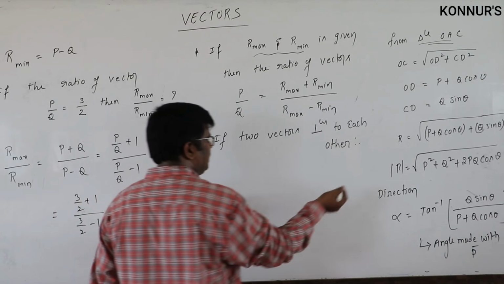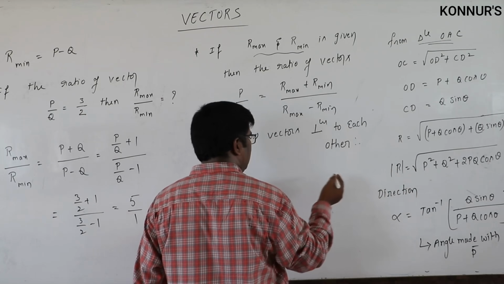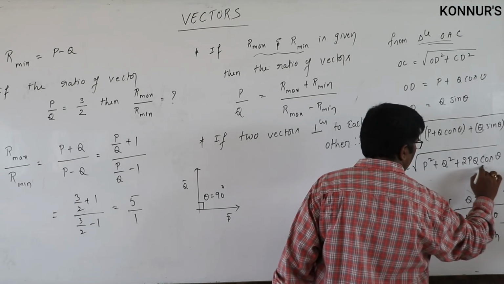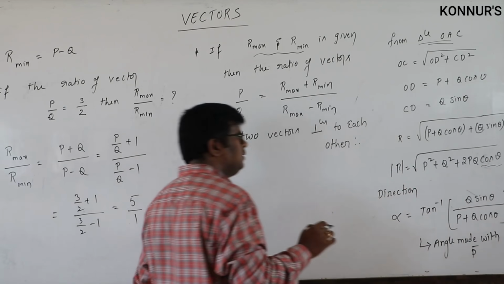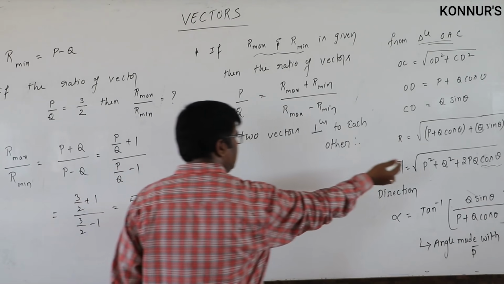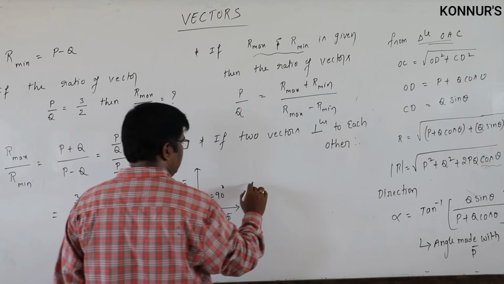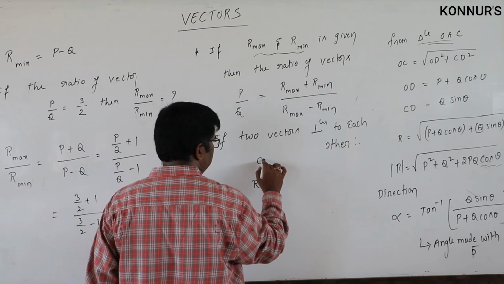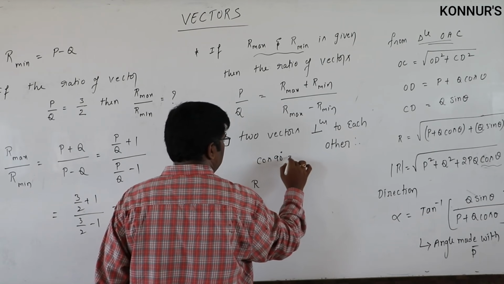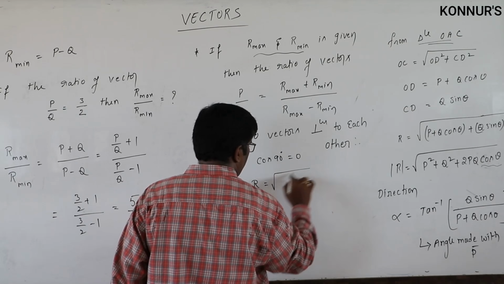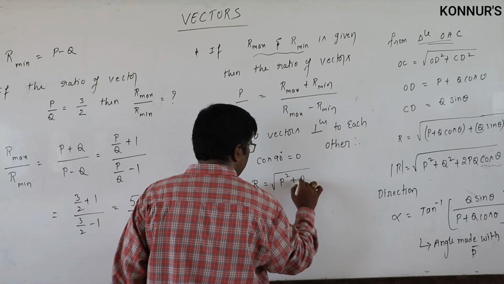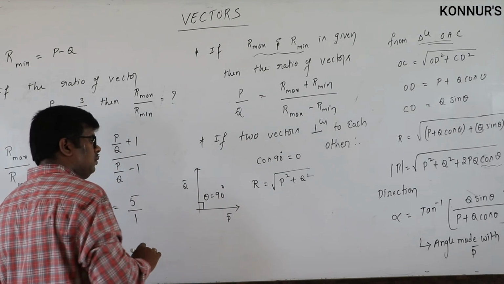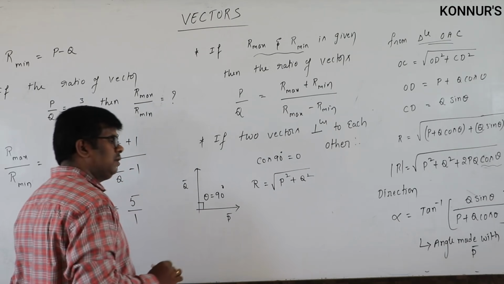In the resultant formula, cos 90 is 0, so we have r equal to root over p square plus q square. So this is the resultant.